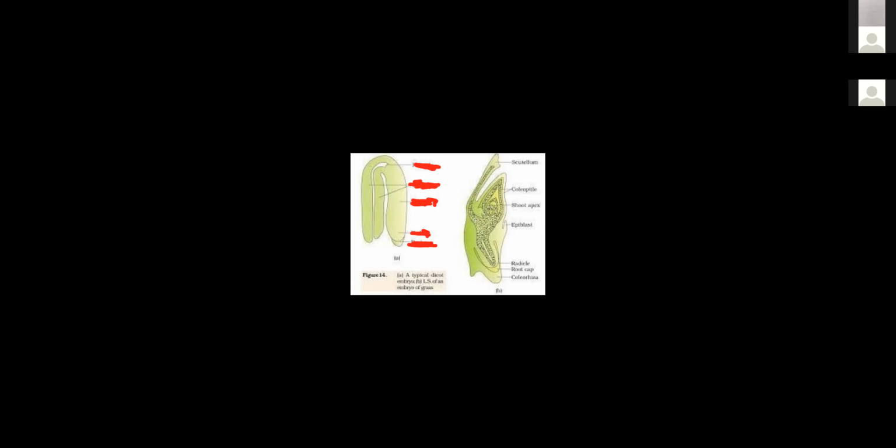First is the cotyledons, two cotyledons, and second is an embryo axis. A mature dicot embryo carries two things, an embryo axis and the two cotyledons. The two cotyledons are attached to the embryo axis.